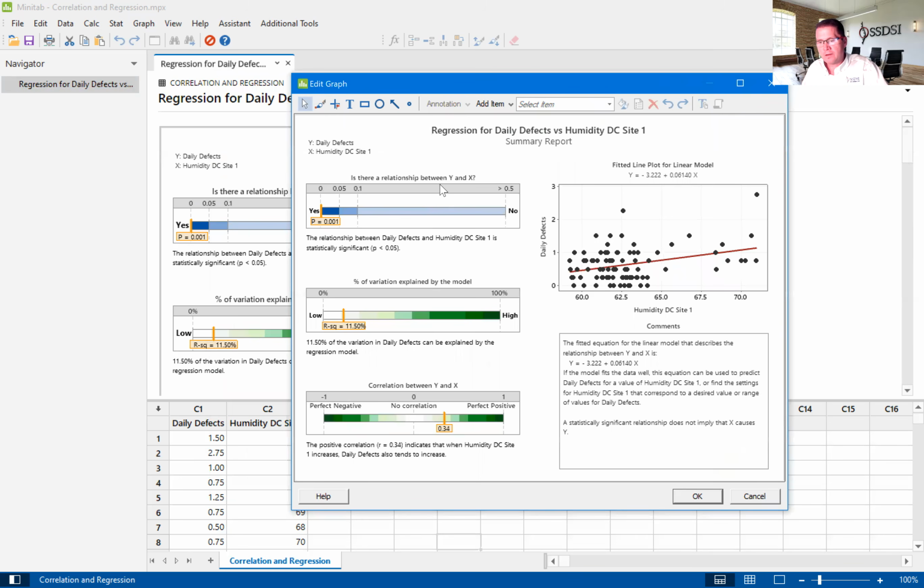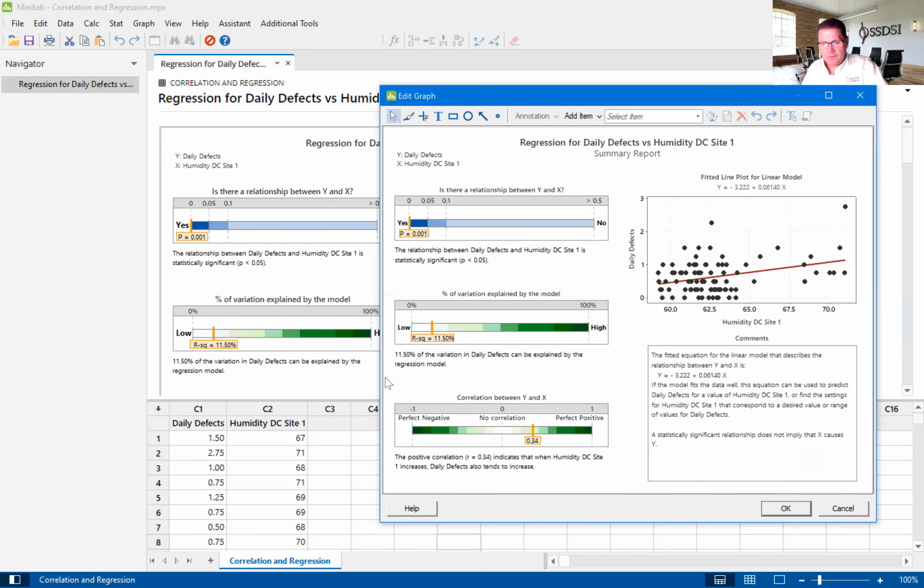So it's basically saying 11.50% of the variation in daily defects can be explained by humidity at DC site 1. Now that leaves like 88.5%. I think my math was correct there. Leaves that much unexplained.